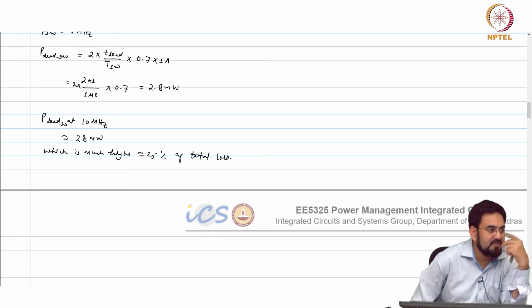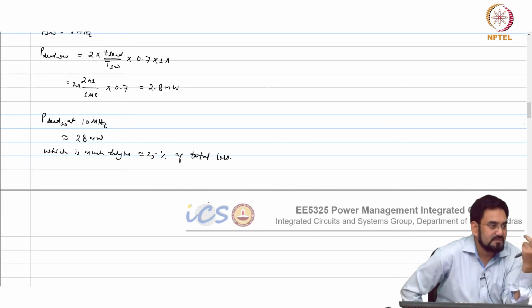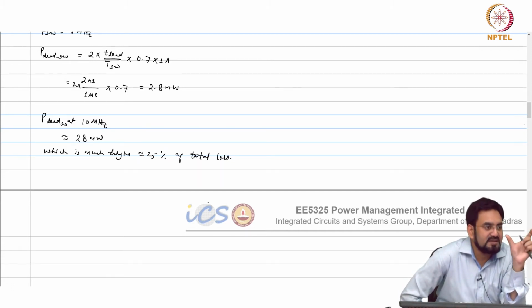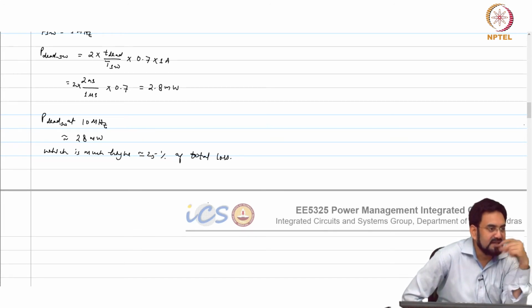So, when you are operating at 100 milliwatt of load power or output power, if you want to maintain 90% efficiency, the total loss budget you have is roughly 10 milliwatt. So, the 120 milliwatt now is scaled down to 10 milliwatt. That 10 milliwatt is the total of your I square R plus switching loss.